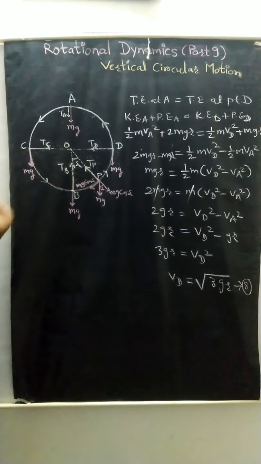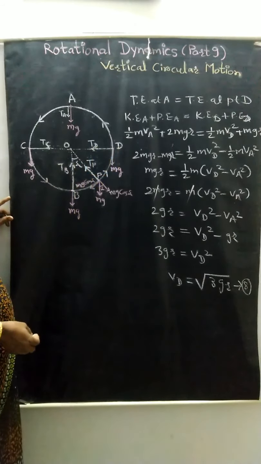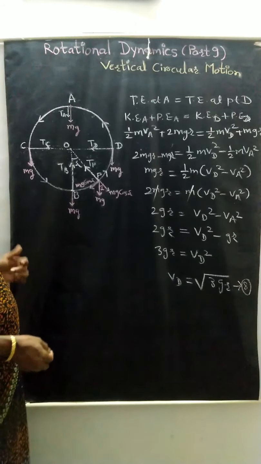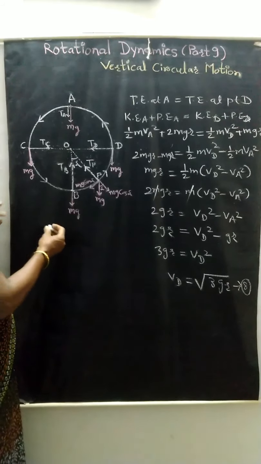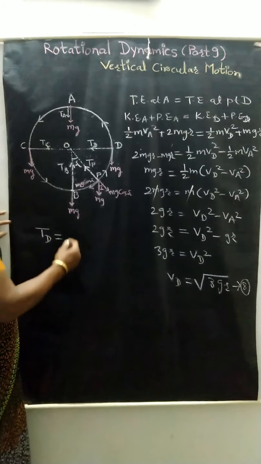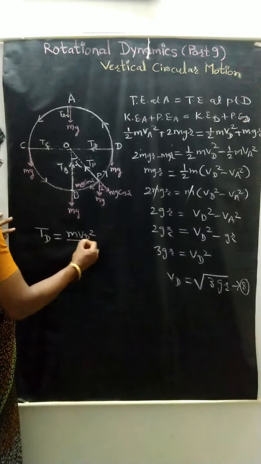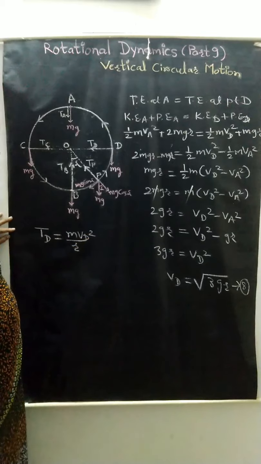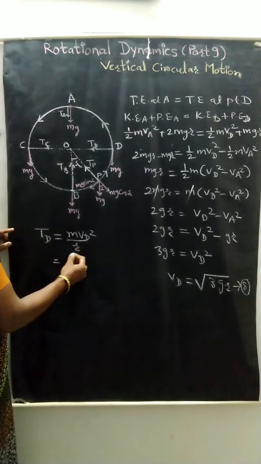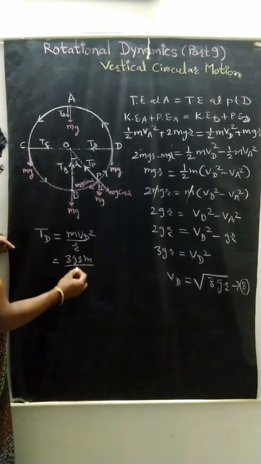Now what about the tension? Here the tension Td provides the necessary centripetal force for the circular motion, and therefore we will write Td is equal to m Vd square by r. We have just now calculated the value of Vd square. Vd square is equal to 3gr and m is here divided by r.